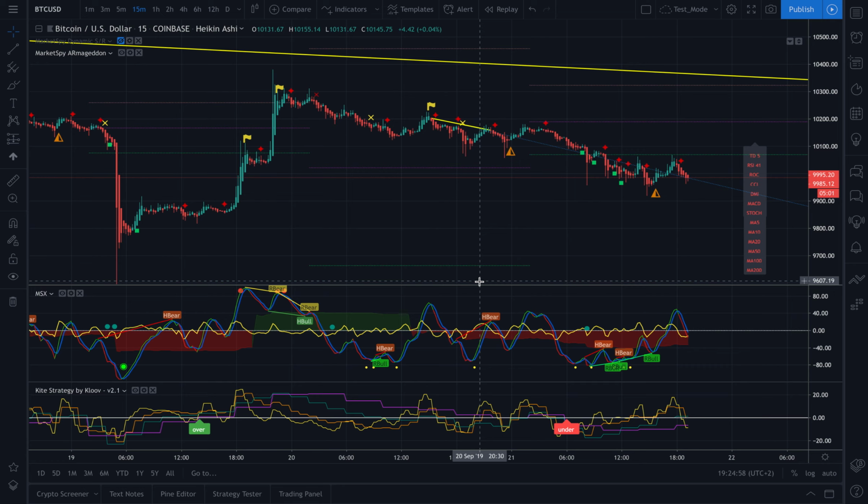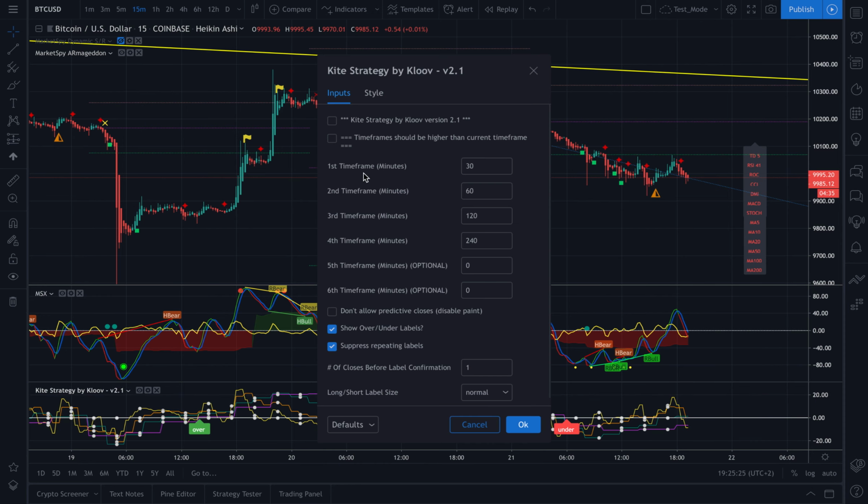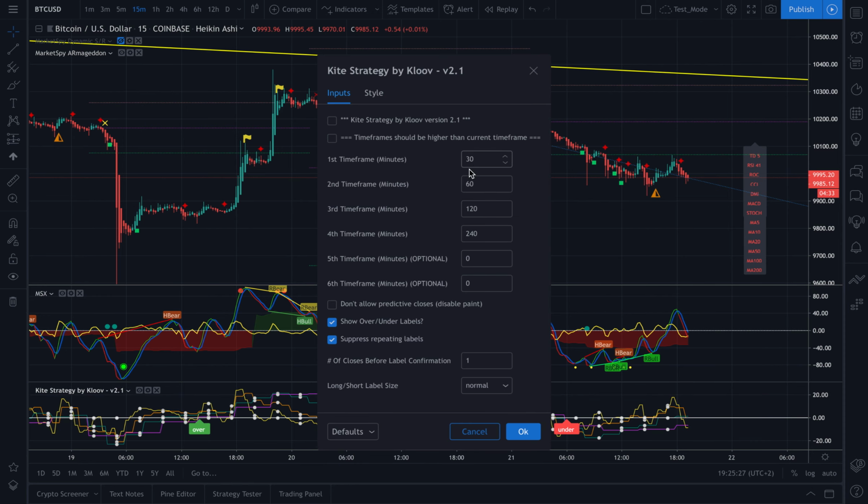But what you can see here is nothing special, nothing else than four VWAPs. VWAP is volume weighted average price, and it is shown in different time frames.